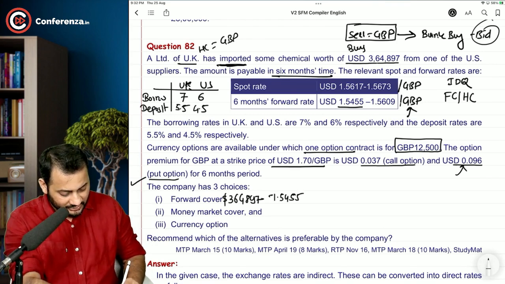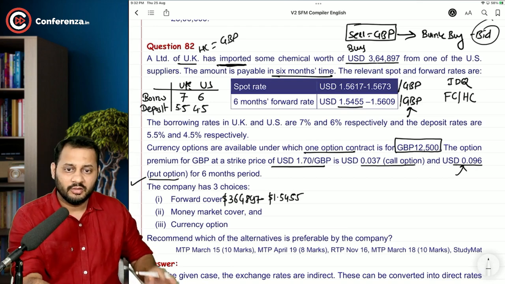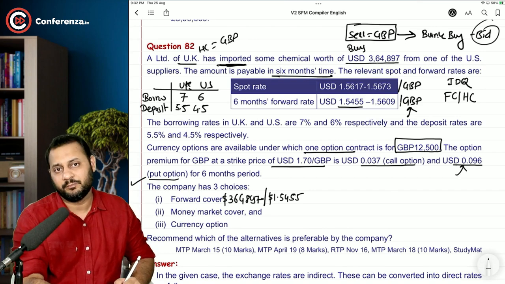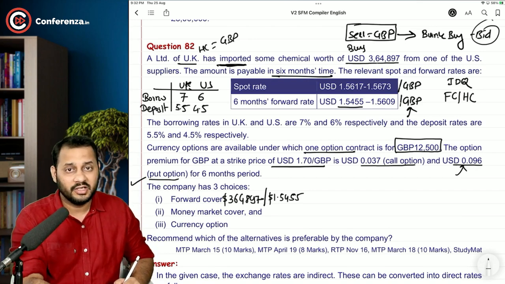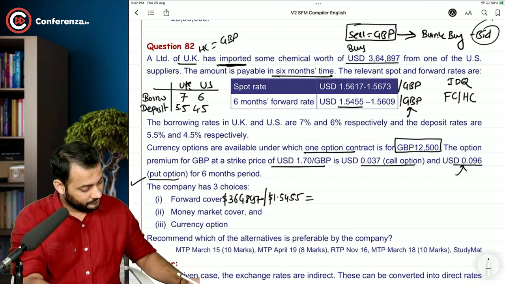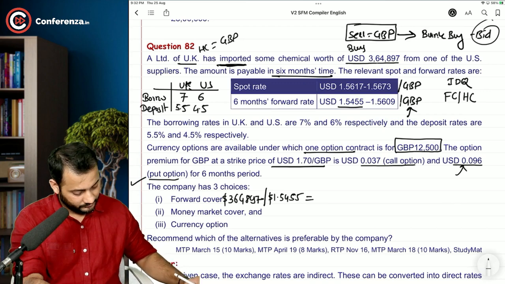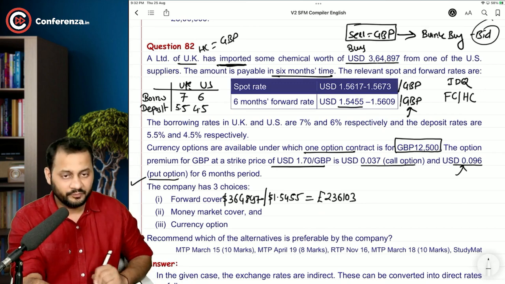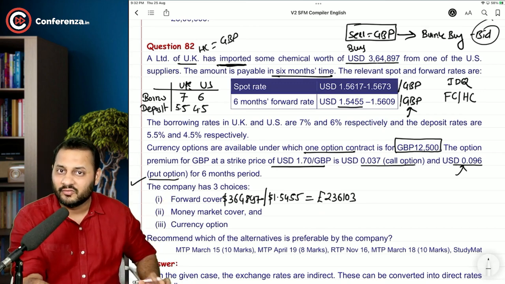Now this is also dollar per pound. This is also dollar, that is also dollar. We will divide them. Do not multiply. So the pound payable is 236,103. End of the forward cover.